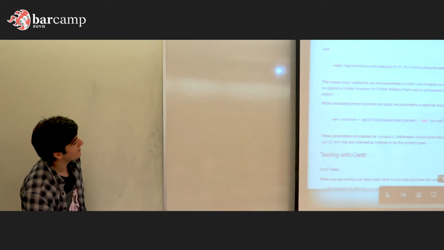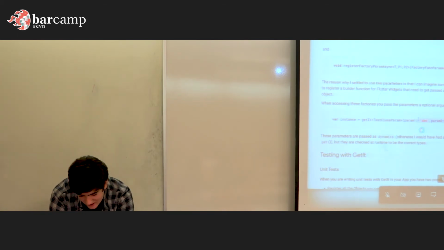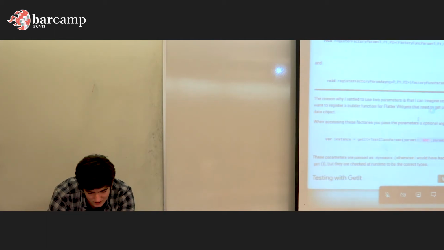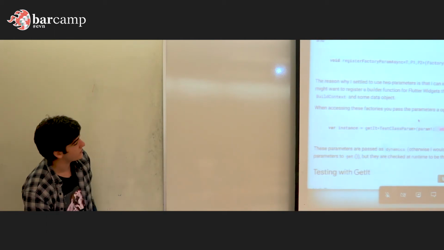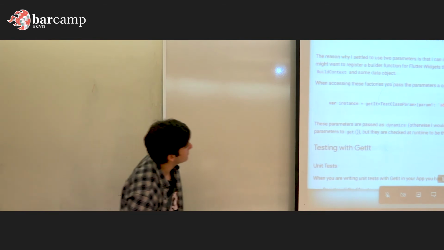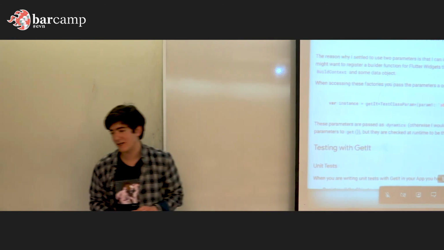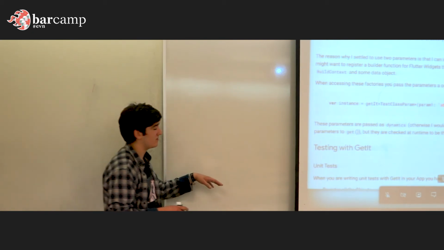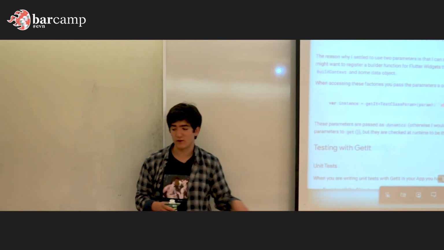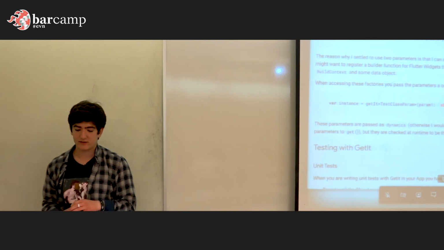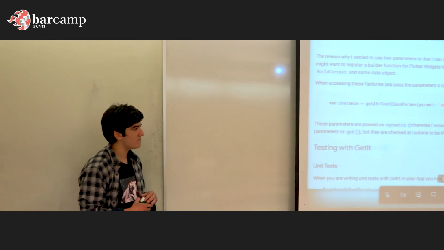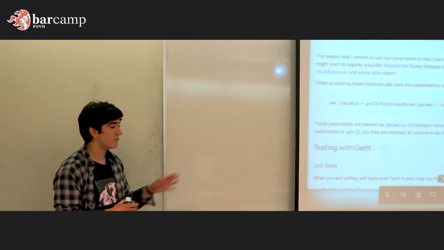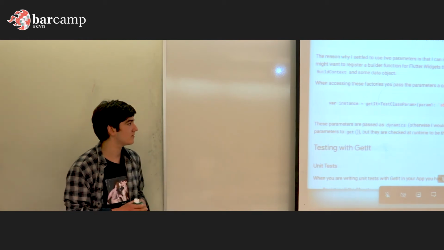So the way you do that in getIt or some classical other service locators is for your function that provides you with some parameters, you have dynamic parameters. They don't have types. You can pass whatever you want, and you won't get an error. You can also not pass them, and you won't get a compile time error, but it will break because it's not going to work.